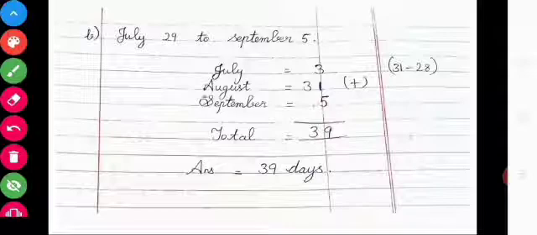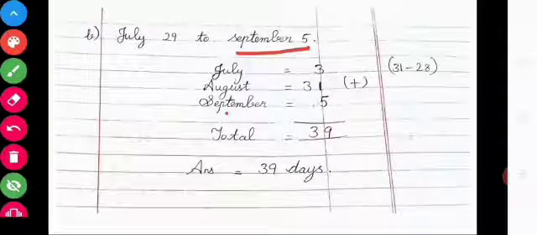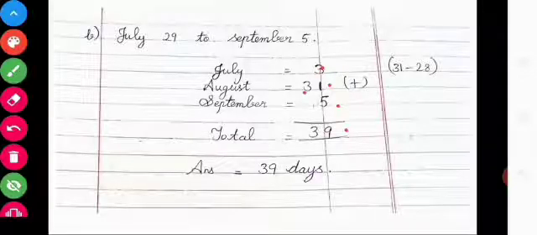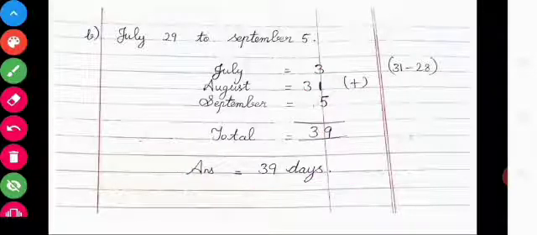After July comes August, 31 days, and then September 5. So September is equal to 5 days. Add 3 plus 1, 4. 4 plus 5, 9. Then 3 plus 0, 3. So total number of days is equal to 39 days.